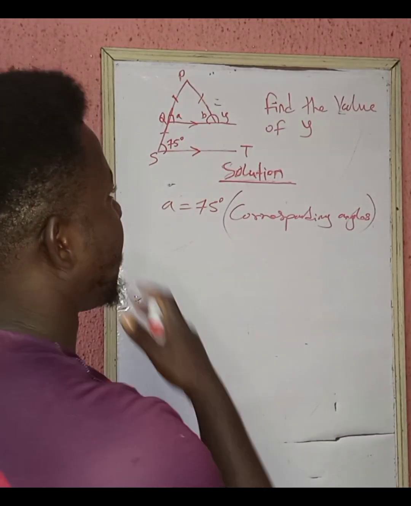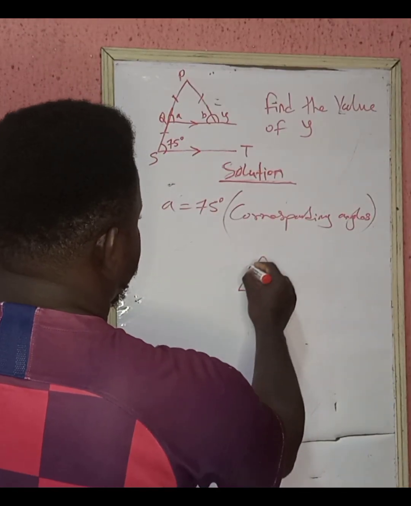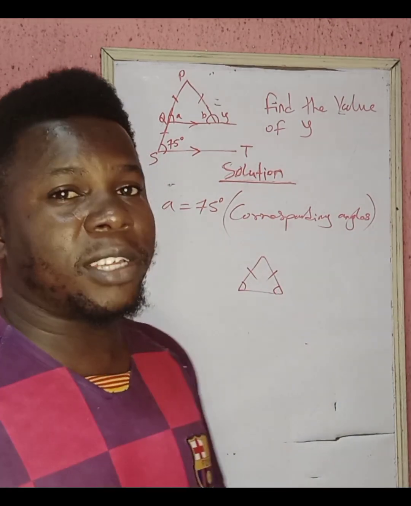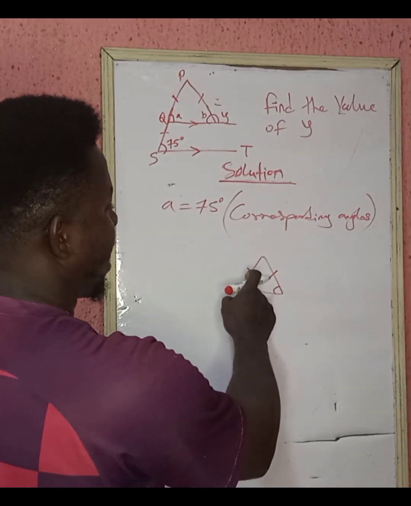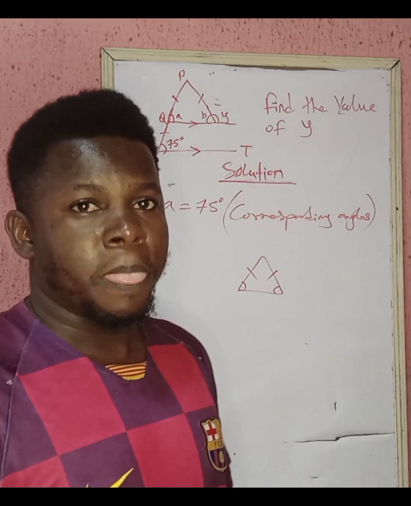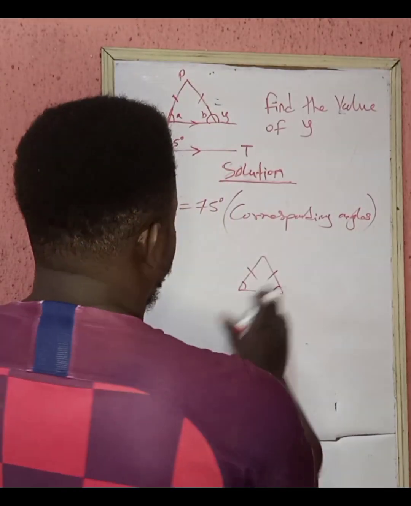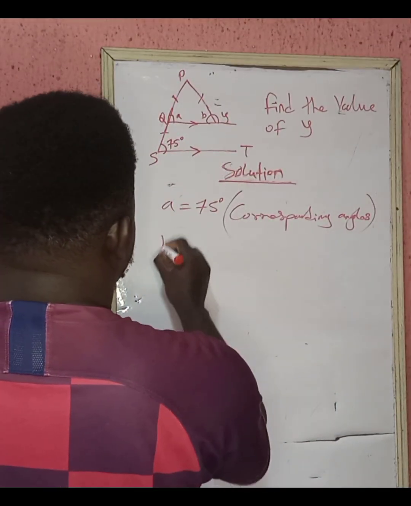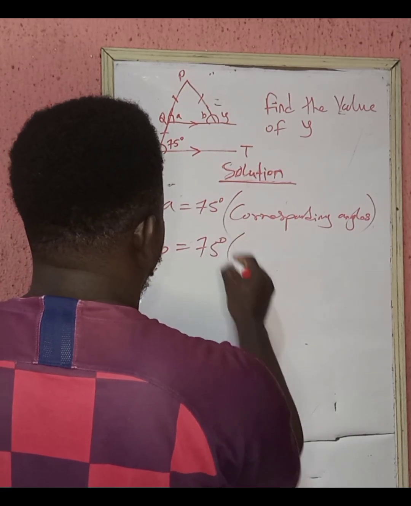So now we have our A, and remember we already have this, which is a base angle of an isosceles triangle. Whatever we have as A is the same thing we have as B, because the base angles of an isosceles triangle are equal. So we can now say that our B is also equal to 75 degrees.